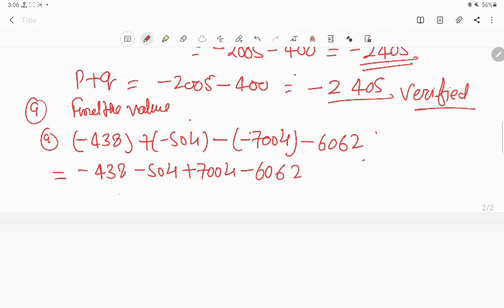Positive numbers together, negative numbers together.